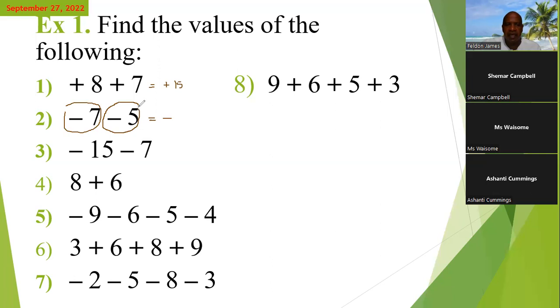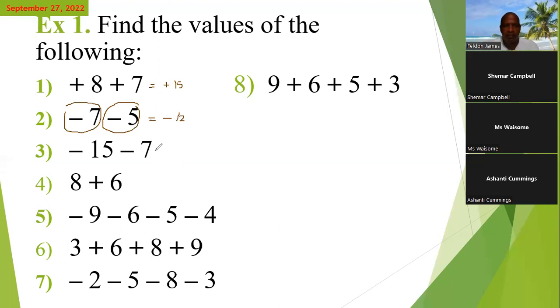So it means that you're owing this money. You owe somebody $7, another person $5. So it means that you owe how much? You owe $12. Is that okay? Everybody see that? -12. So that's the answer for that one.